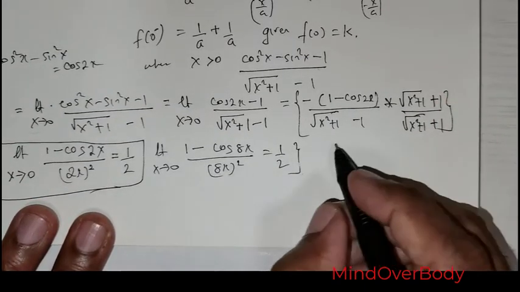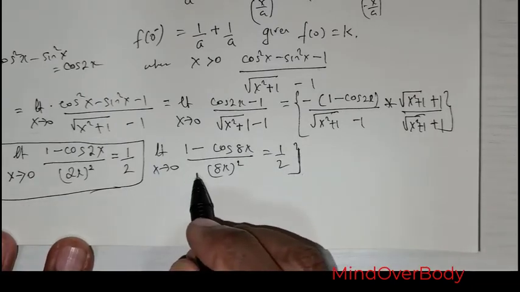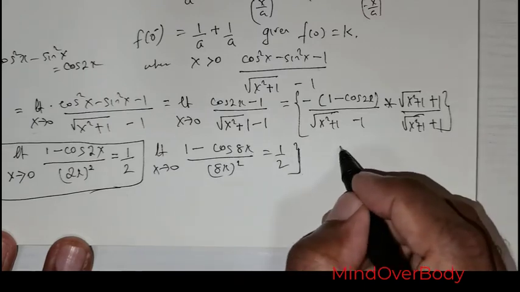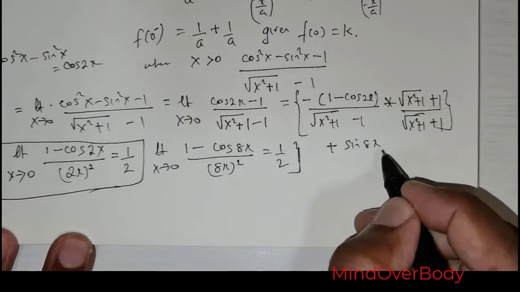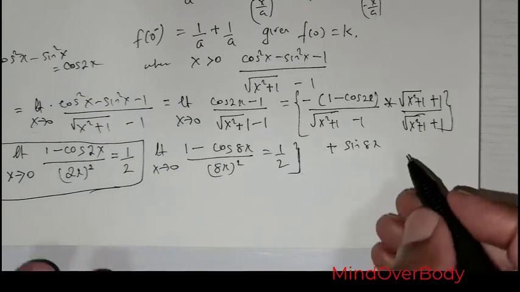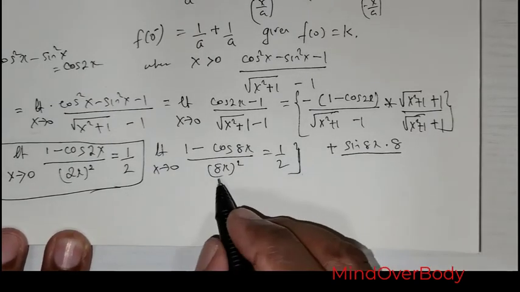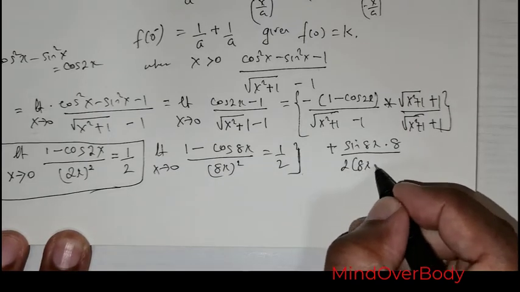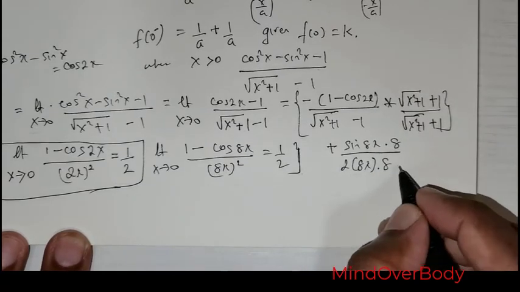Now by L'Hopital rule, of course this will be producing 0 over 0 form, but if we apply L'Hopital rule, this is going to be differentiation of cos 8x, that's going to be negative. Already there's a negative there, so it's going to be sine 8x. Now you have to differentiate 8x, so that's going to be 8, divided by differentiation of 8x raised to the power of 2, that's going to be 2 times 8x times differentiation of 8x, that's going to be 8.